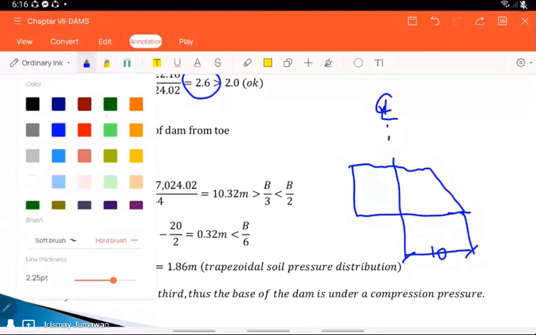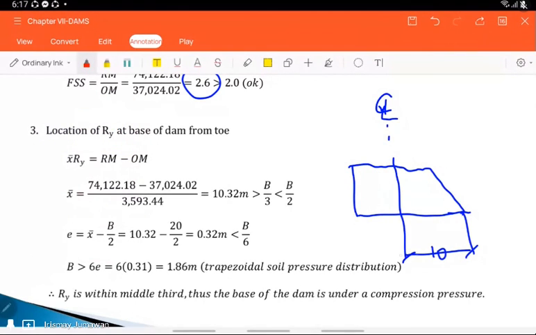So we let this one. This is your RY, the location of your RY. If we divide it into 3, this is 6 point something.